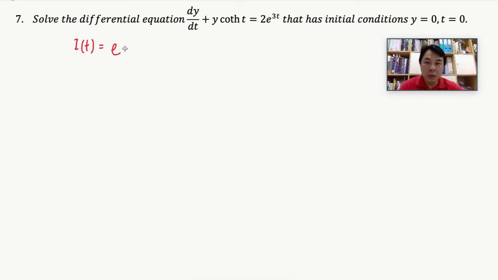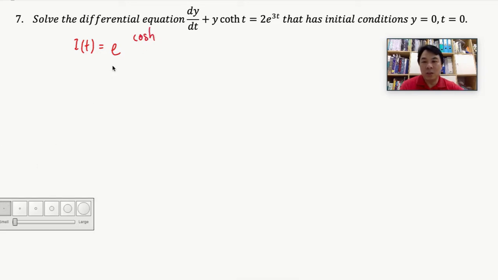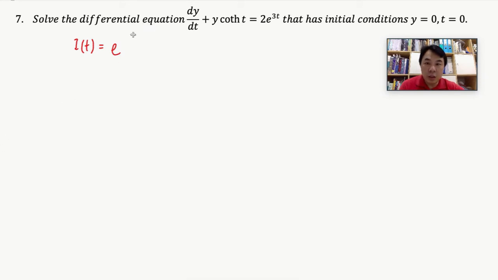That is equal to the exponential of the integral of cotangent hyperbolic t with respect to t, dt. Sorry, I keep writing cosine here. Alright, now that's what we have.